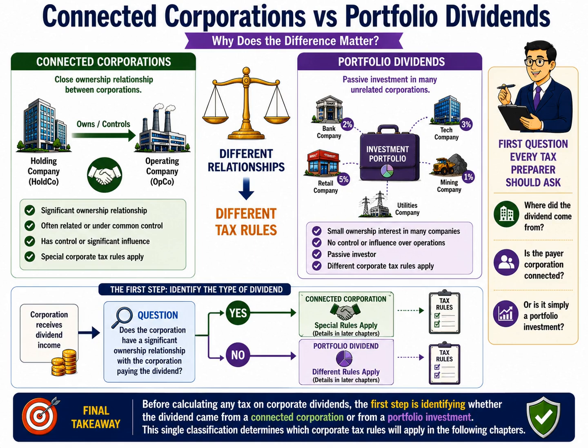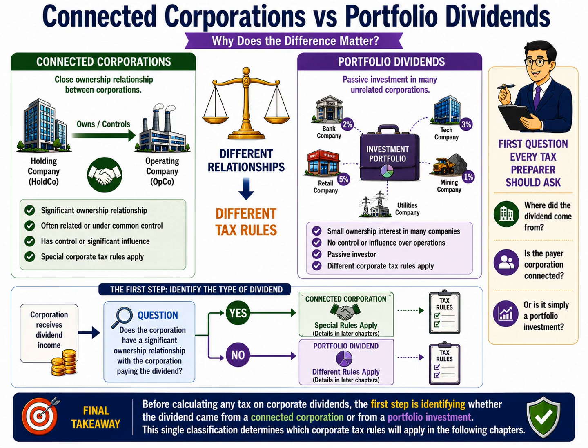Now that we've learned what connected corporations are and what portfolio dividends are, let's compare them side by side. This is one of the most important distinctions in Canadian corporate taxation because it determines which dividend tax rules will apply. Let's begin with connected corporations.